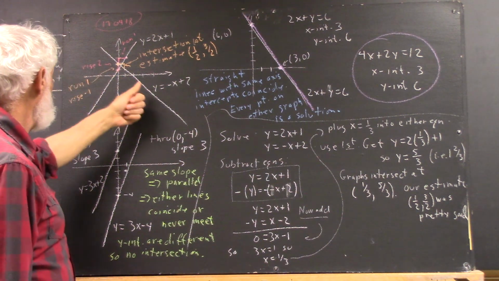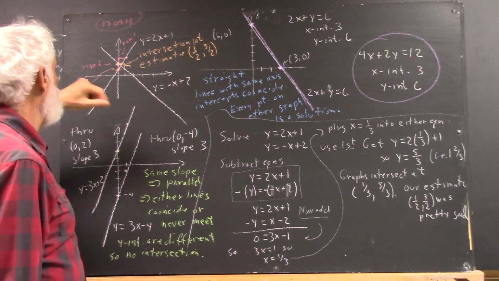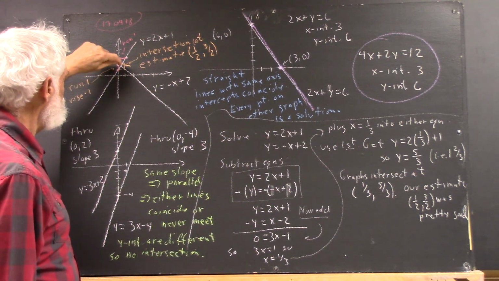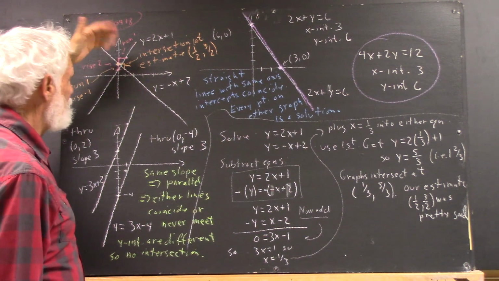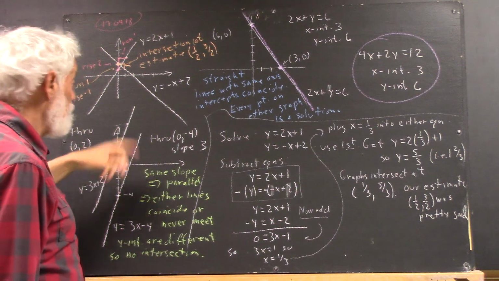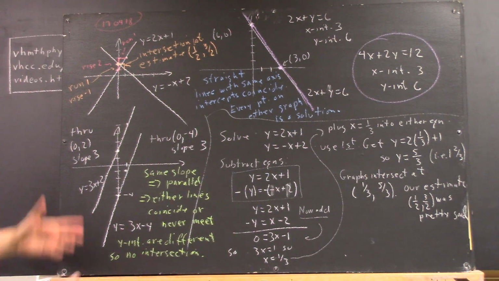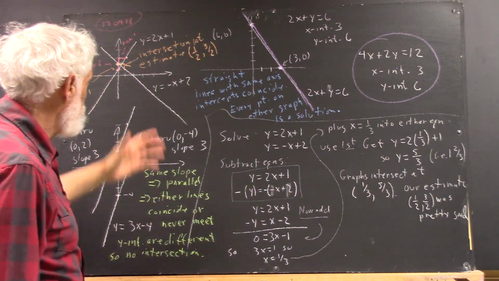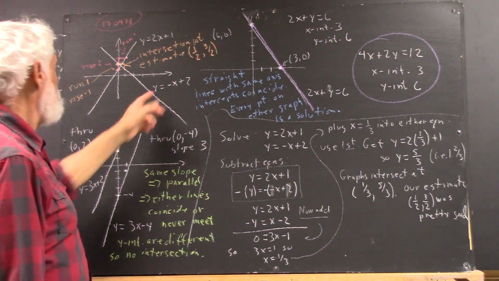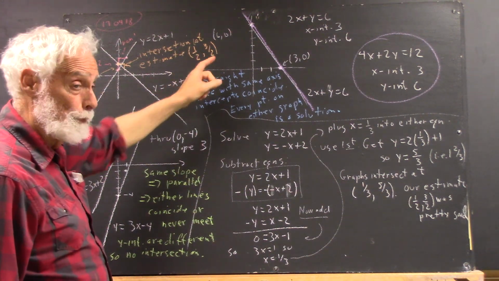And they're also going to meet between, well, I'm not going to go into that. I can see it's between 0 and 1, and it has to be a little bit to the left of the midpoint. You might reason that out or not. You don't have to reason that carefully, although it's good if you can, to make an estimate, and the estimate I saw most frequently was 1/2, 3/2.